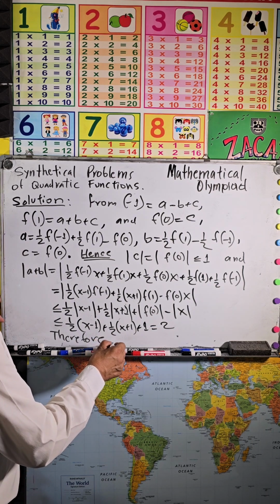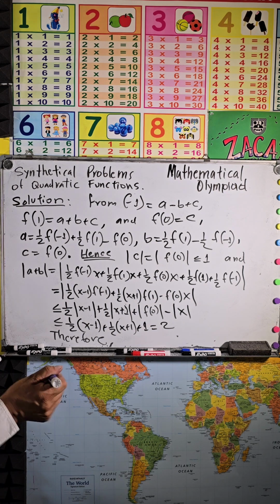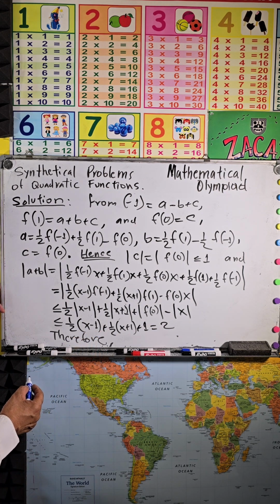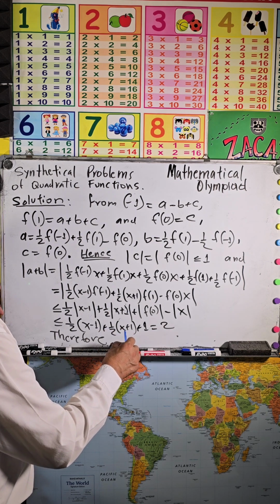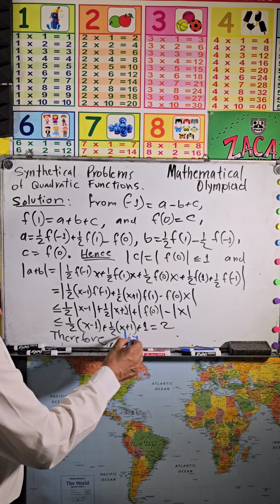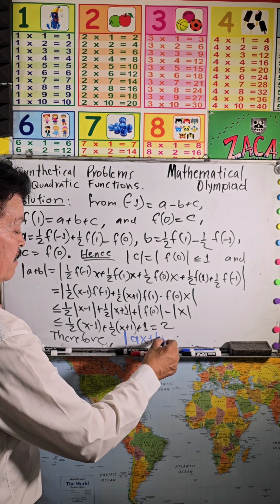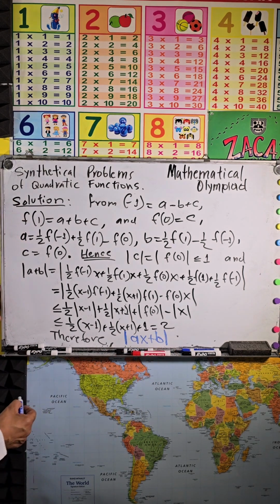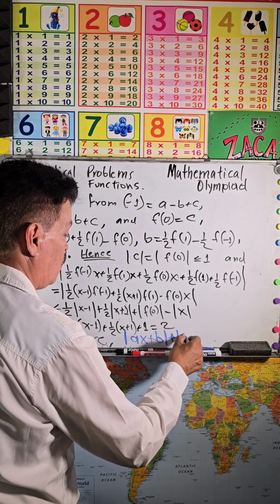Let me, if this color has ink, let's write, yeah, it has color, so write absolute value of a plus x plus b, close it, a plus b plus absolute value c.